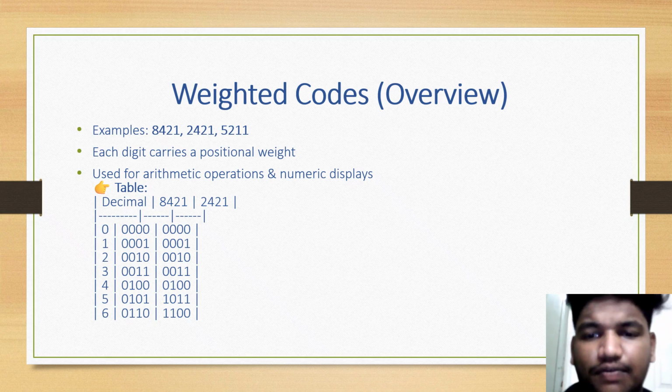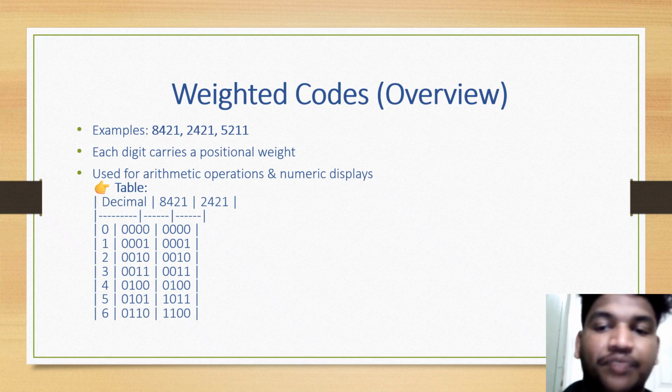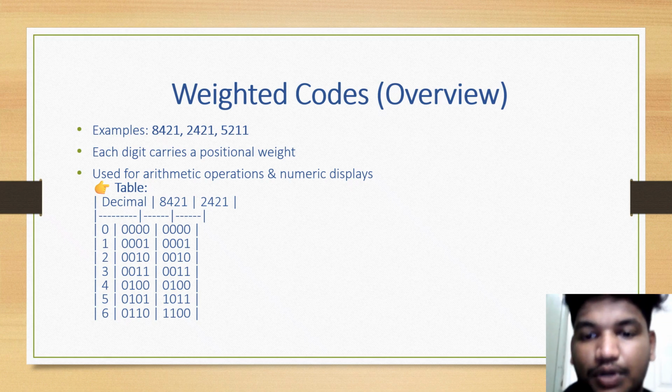Here we can see the 8421 code. If we want decimal number 1, we represent it as 0001, because here 1 is present, so we write 1. Then the decimal is represented in the computer. I said that each key on the computer has a specific binary code.